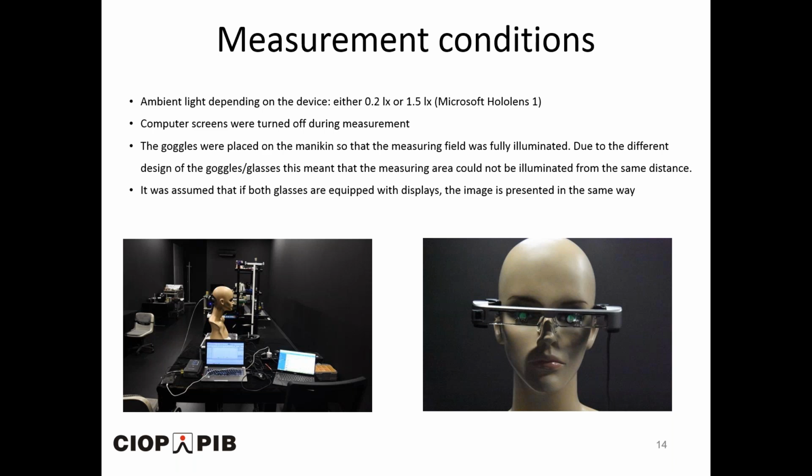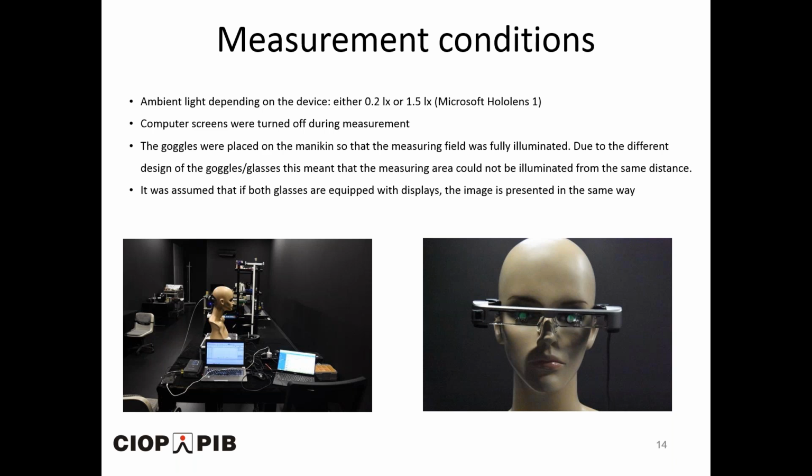So if we want to measure anything, we had to provide some ambient light, but this ambient light was later discarded from the actual results. The computer screens were, of course, turned off, not to disrupt the measurement.